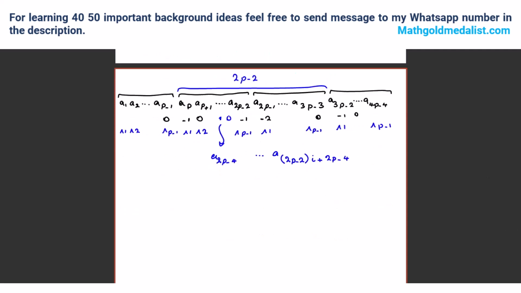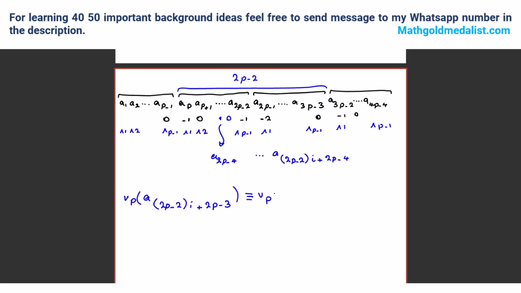Now we should consider next number that is 0 and apply LTE. We know. So if we consider VP of A sub 2p minus 2i plus 2p minus 4 plus 1, 2p minus 3, this is congruent to what?